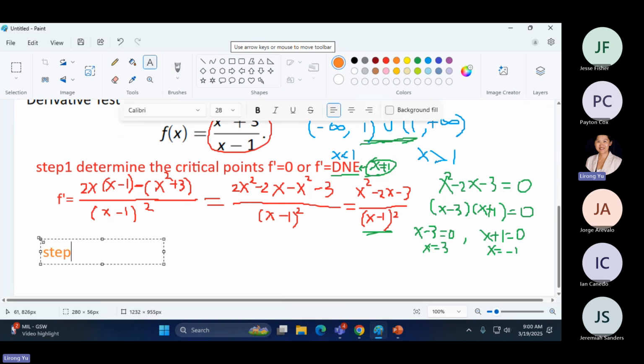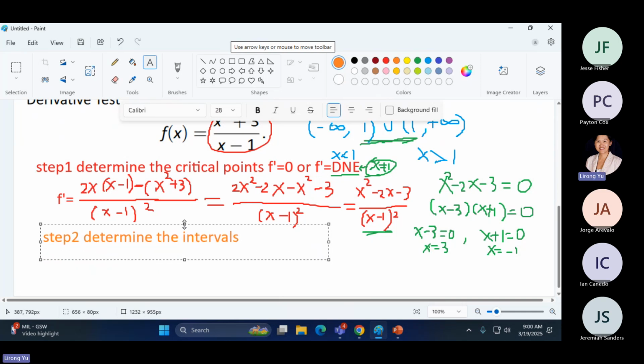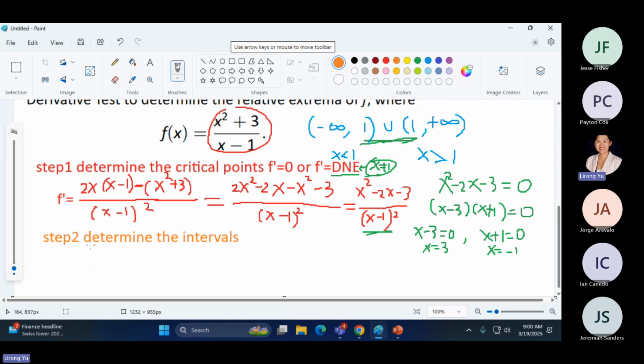So step 2 is that we are trying to determine the intervals. This is done by drawing the number line and then marking out the necessary points. The original idea is through the definition: 1 is right in the middle.